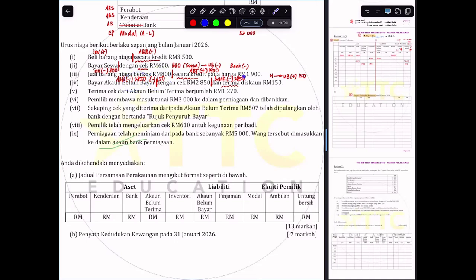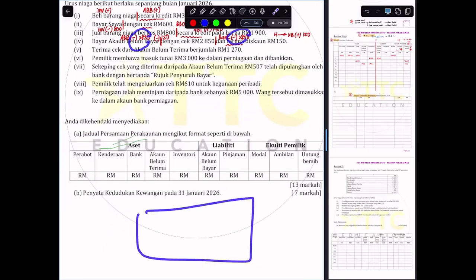You paid the actual value 2,850. So of course the ABB really minus by this value, because just now we mentioned, is it possible that we have a check of 3,850? I pay you 3,850, but I only minus the ABB by 2,700. Is it possible? I pay you really cash 2,850 but only minus my ABB 2,700.